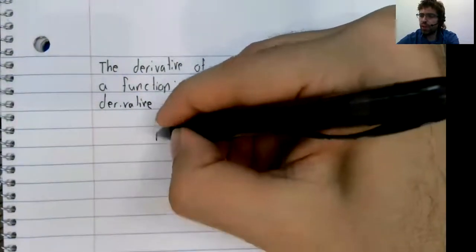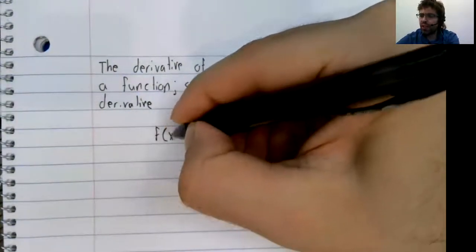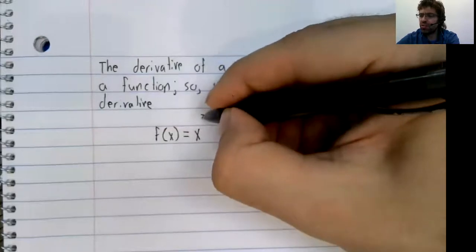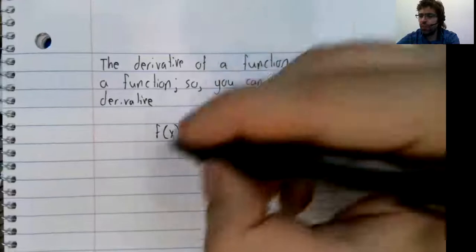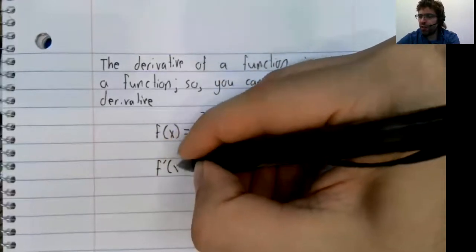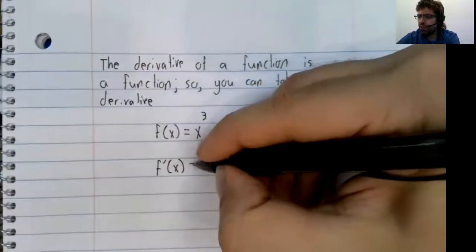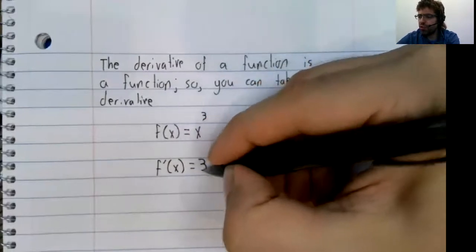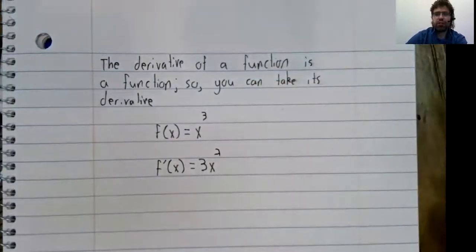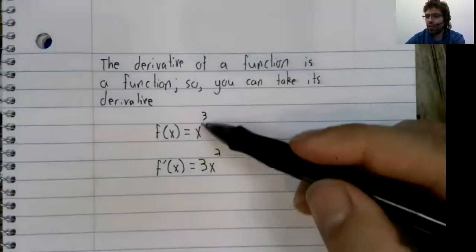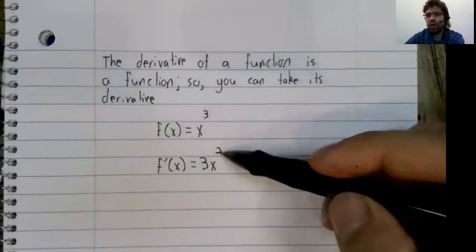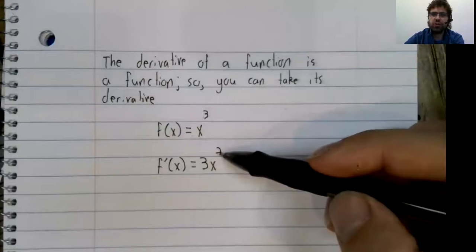You know, if we have f of x equals x cubed, the derivative of this is a function. It uses function notation and everything. 3x squared. The 3 comes down. 3 minus 1 is 2.